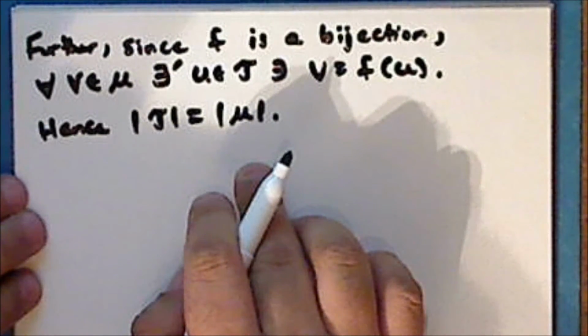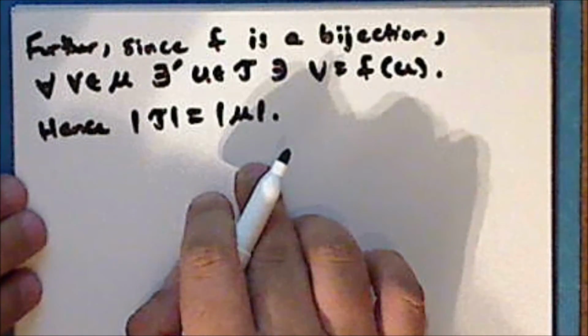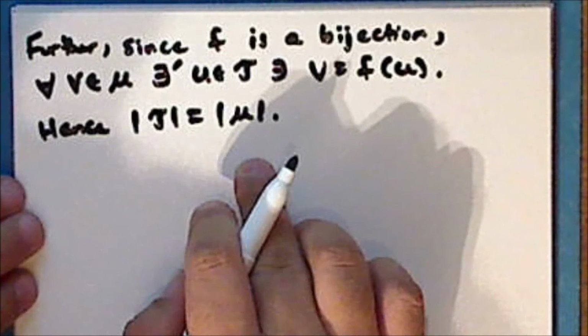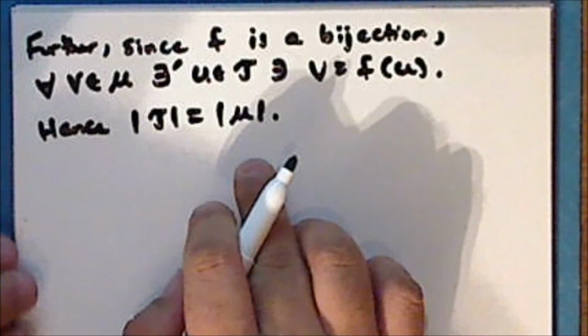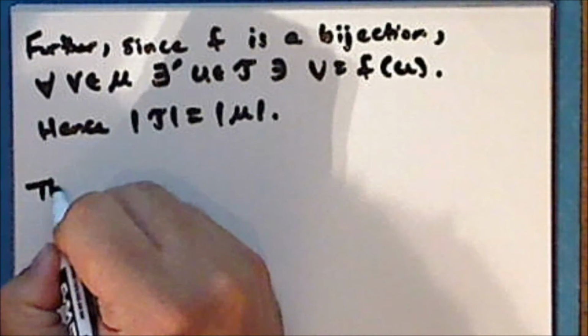So if two spaces are homeomorphic, then their underlying sets have the same cardinality, and their topologies have the same cardinality. So we'll use this lemma to prove a theorem.